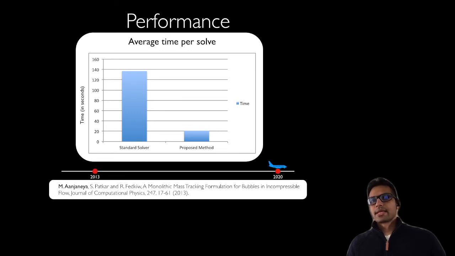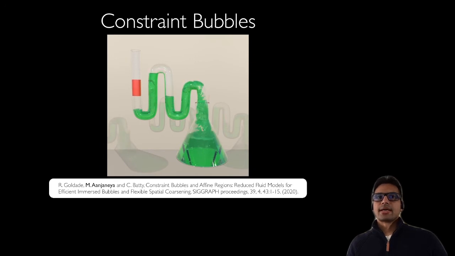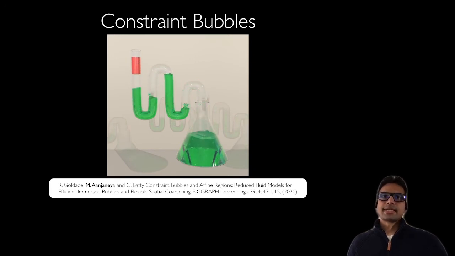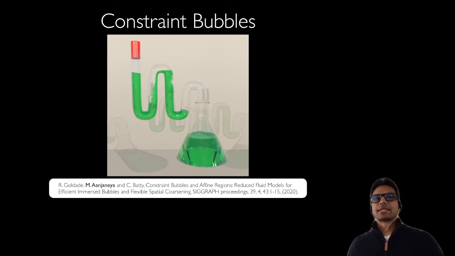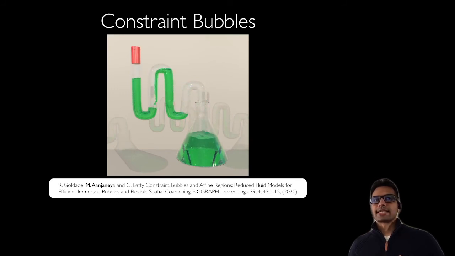Basically, just in the last couple of years, we were re-exploring this solver and trying to generalize it to enforce certain other physical effects. So I generalized this formulation into a constraint-based formulation that not only supported bubbles but also supported objects acting on liquids from a distance.